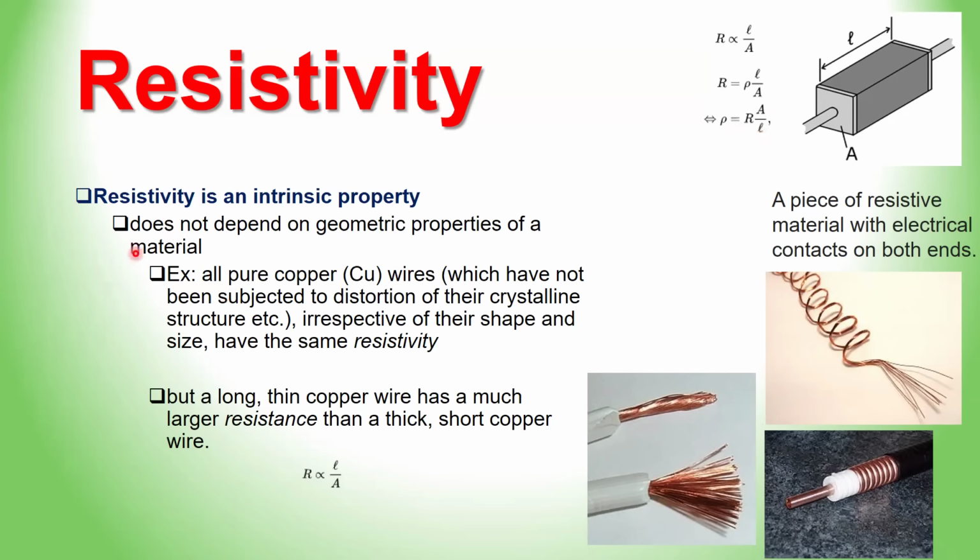It is inversely proportional to the L. But then we are saying here, it does not depend on the geometric properties of the material. And the formula here indicates this relationship. So how to understand that? We can understand it in this way, that the resistance is proportional to L over A, but not the resistivity. So if your L over A changes, the resistance will change accordingly.